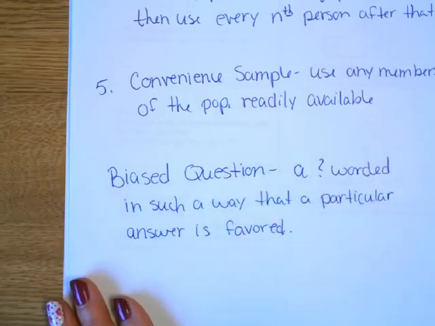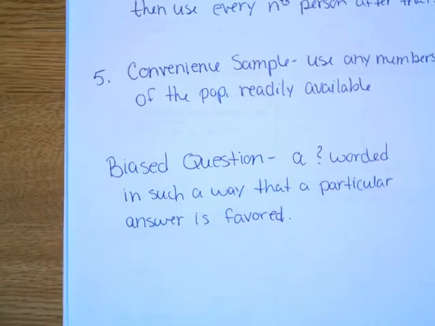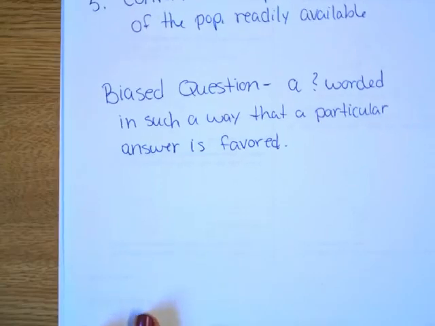I'm going to give you an example of that Obama thing with the free community college. So I could give a survey: do you agree with President Obama trying to get 2 years of community college free for everyone so that they can better themselves?